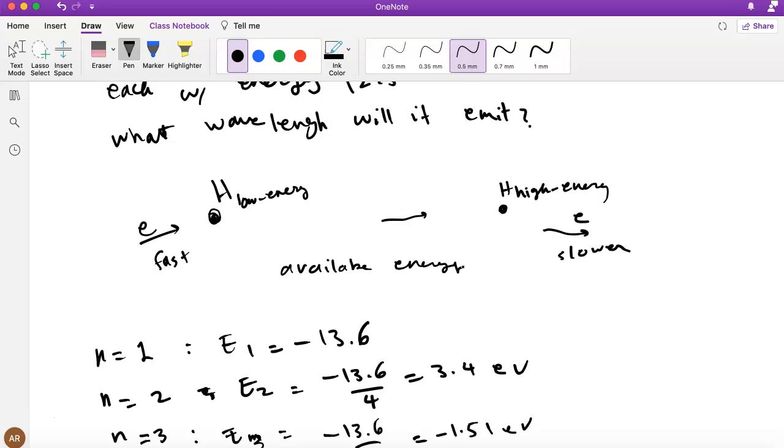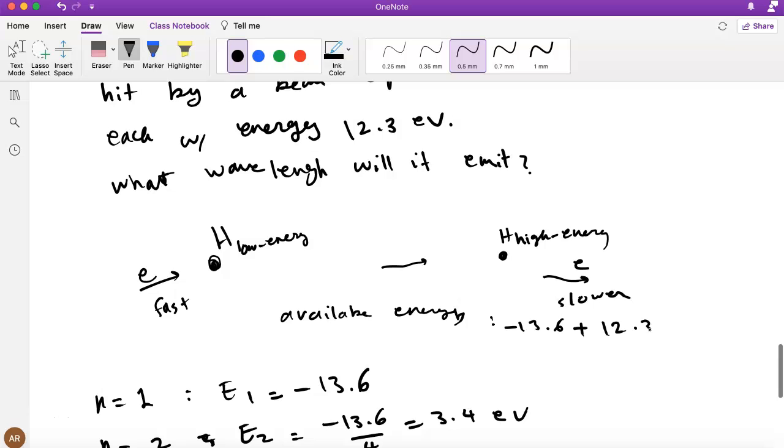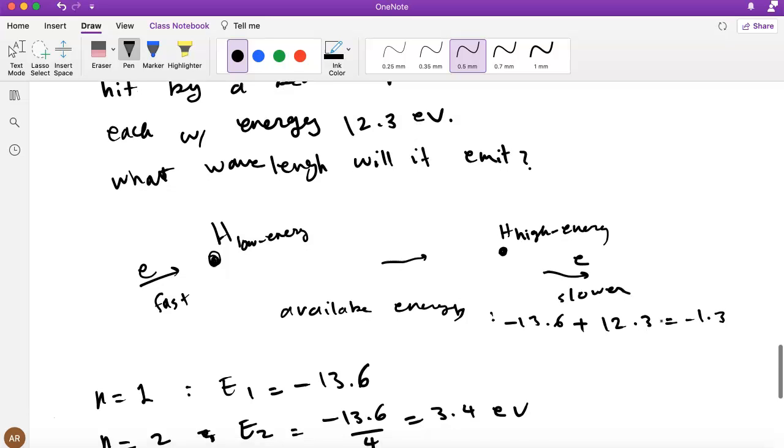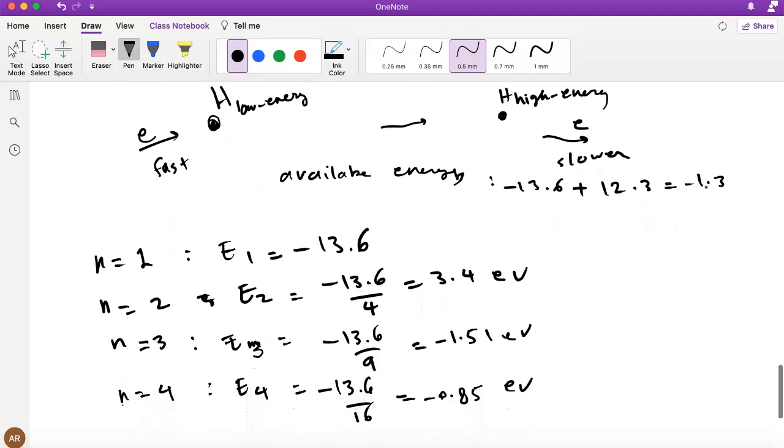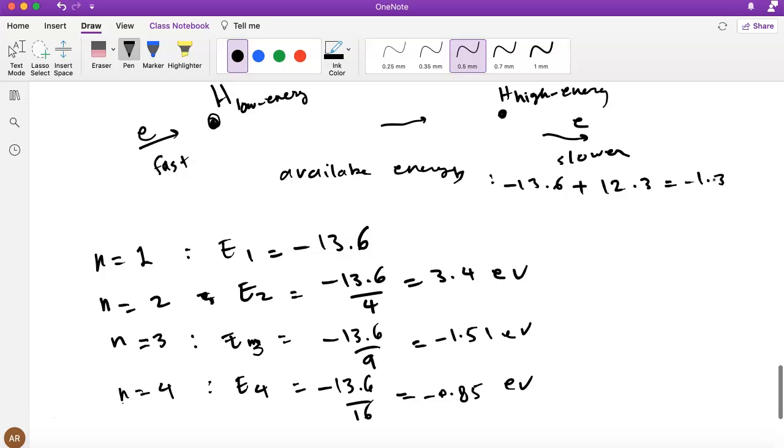So available energy gives you like minus 13.6 plus 12.3, which is minus 1.3. So these electrons have enough energy to excite the atom up to any energy that's lower than minus 1.3 electron volt, right?